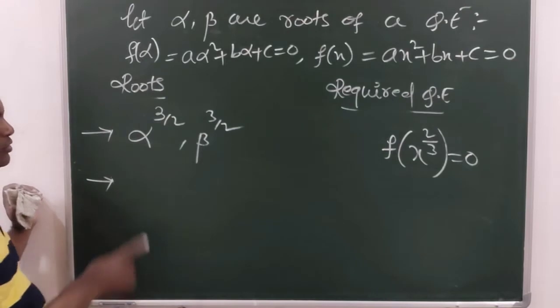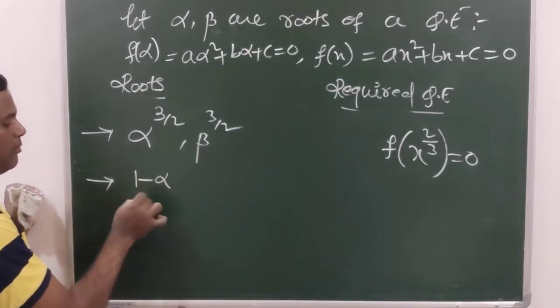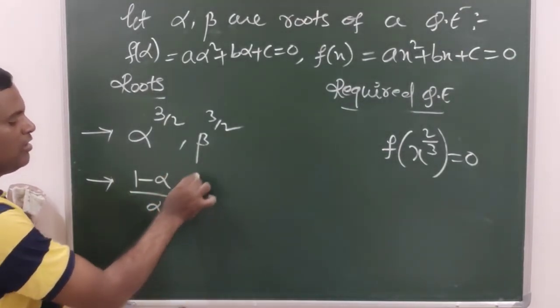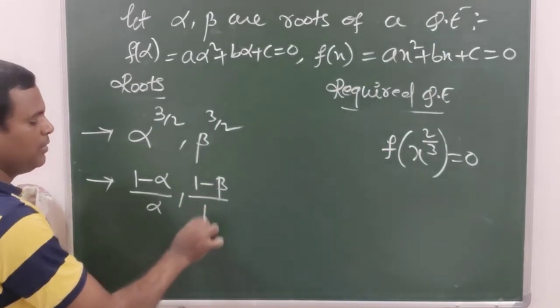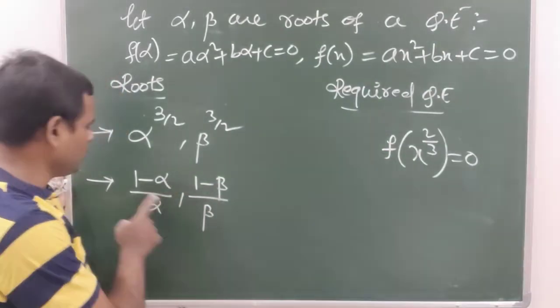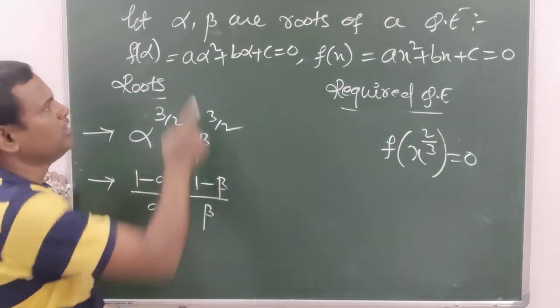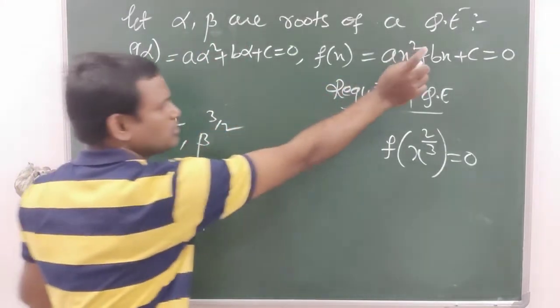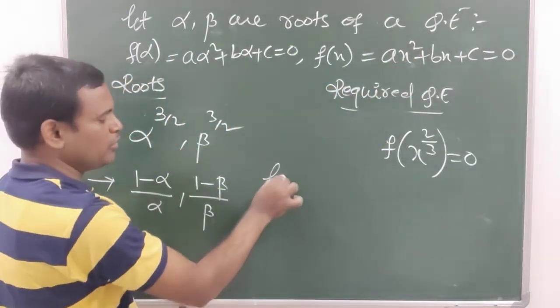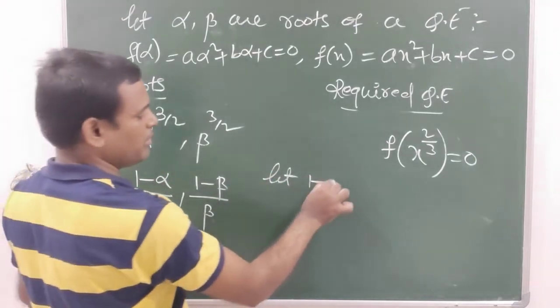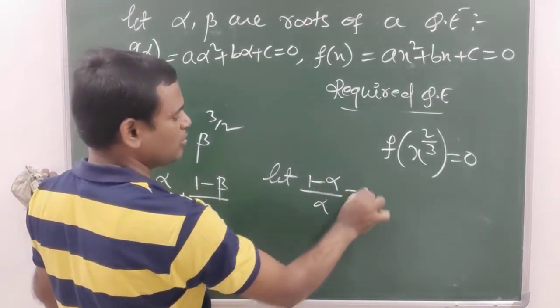Suppose the roots are given like 1 minus alpha by alpha, 1 minus beta by beta. Now find a quadratic equation whose roots are 1 minus alpha by alpha, 1 minus beta by beta. Observe here, alpha and beta are the roots of this equation. Then what do we do? Let us take 1 minus alpha by alpha is equal to x.